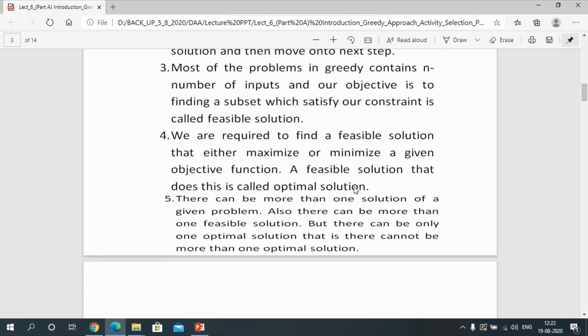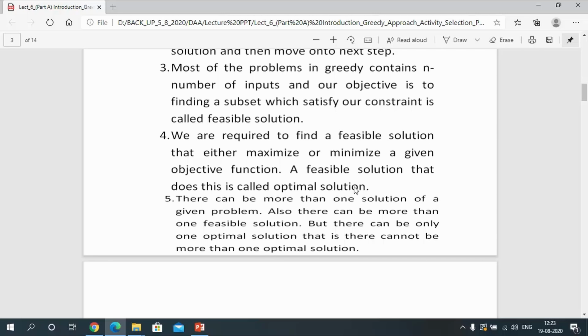We are required to find a feasible solution that either maximizes or minimizes a given function, and out of these feasible solutions we find the optimal solution. There can be more than one feasible solution, but the value of the optimal solution should be unique.